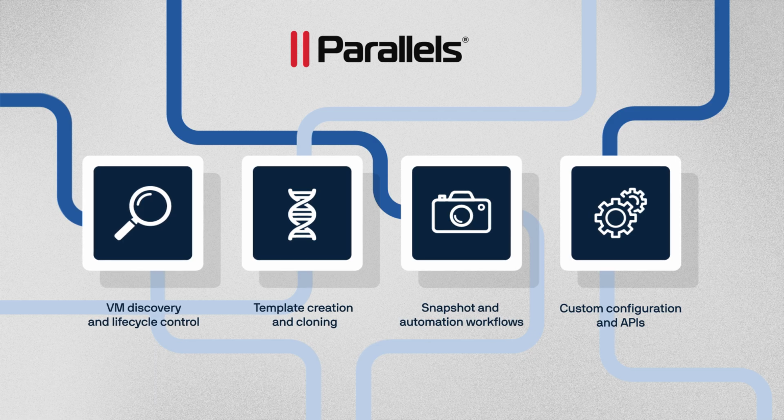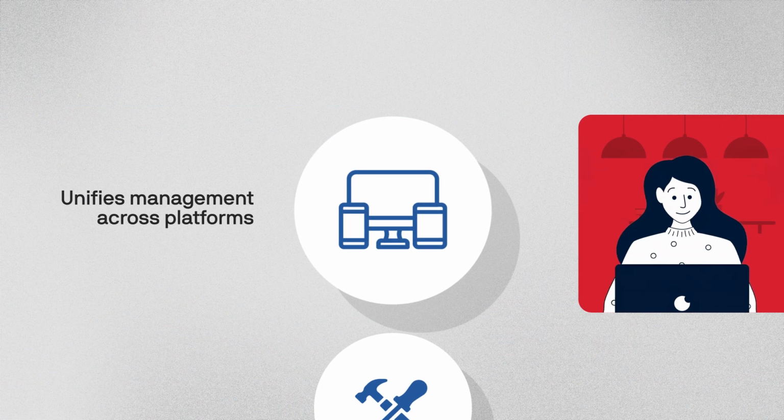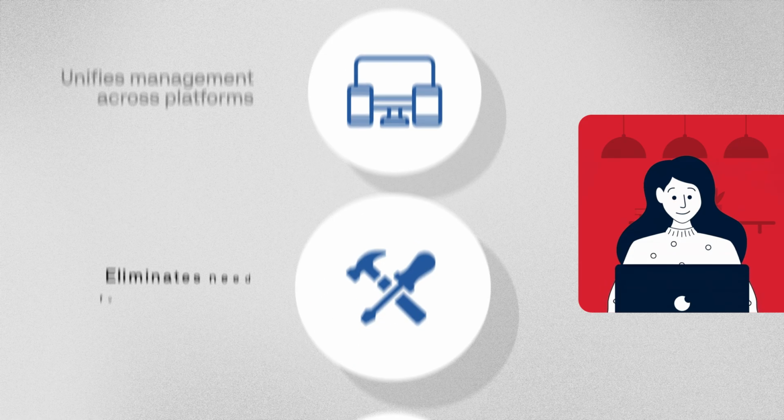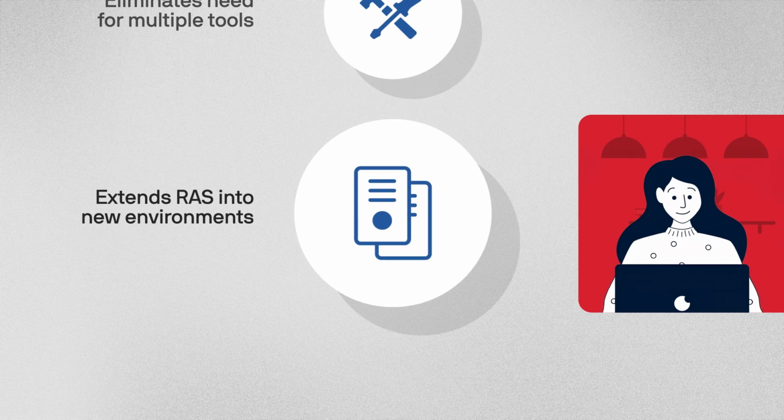This is where the real business value becomes clear. Instead of managing multiple tools for different platforms, customers can centralize management inside Parallels RAS. That reduces operational complexity, improves efficiency, and helps IT teams standardize how they deliver applications and desktops across the organization.